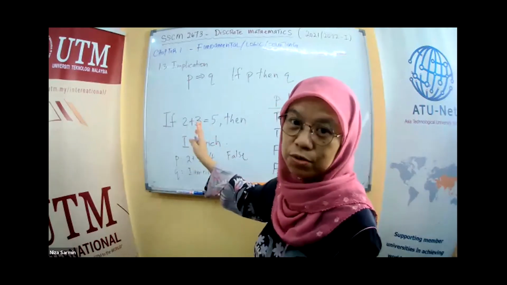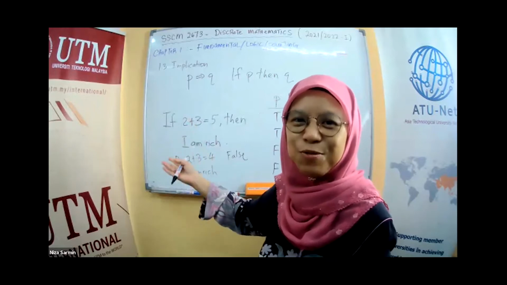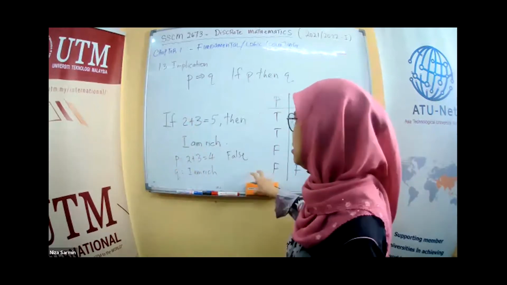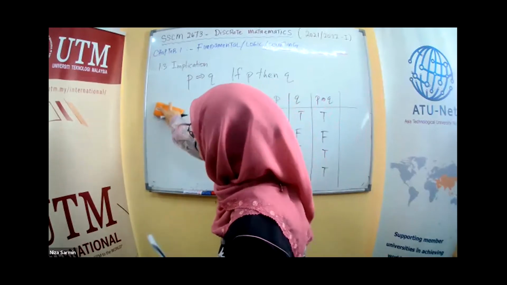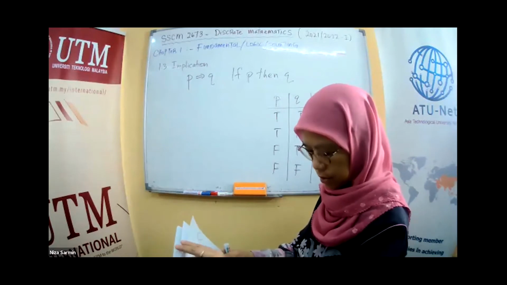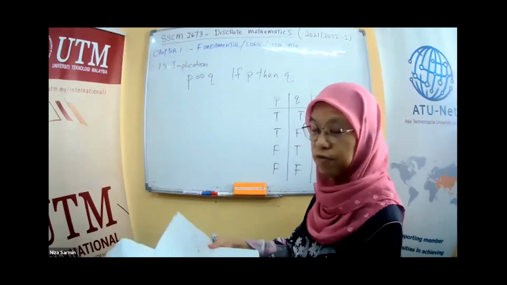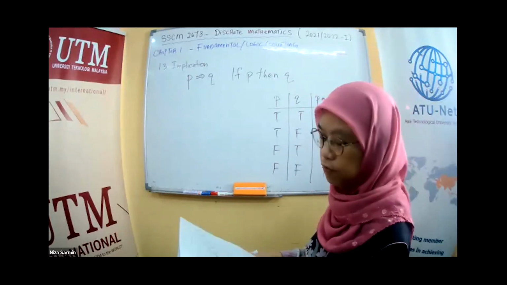Some of you are not rich, some of you are rich, some of you pretend to be rich, pretend to be not rich. But anyhow, this is implication, yeah? Okay. Now the next one is, if there is other example in the notes, you can look yourself.